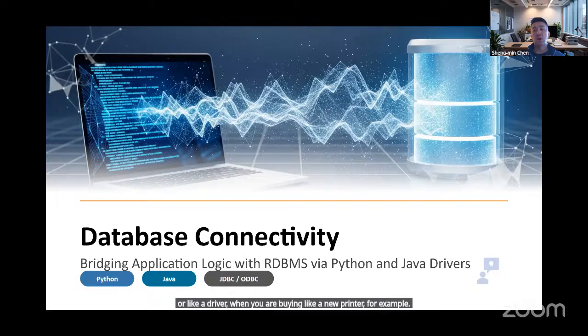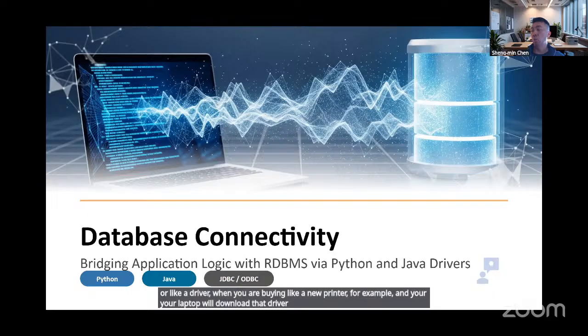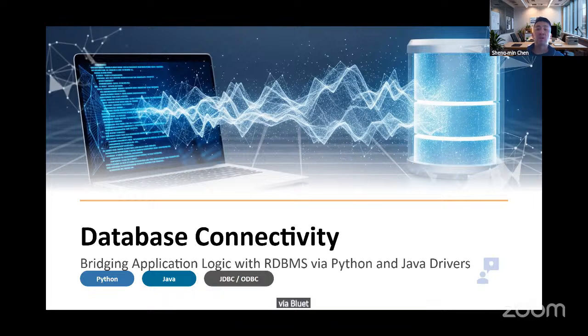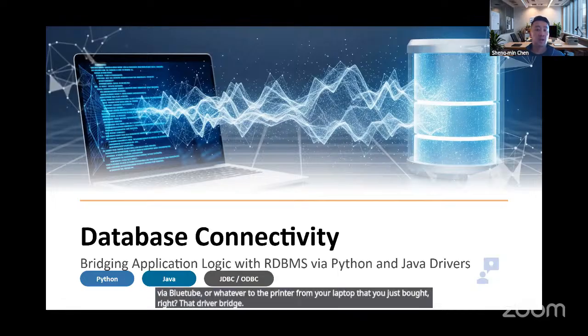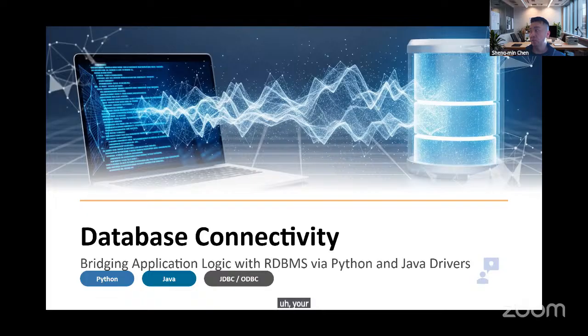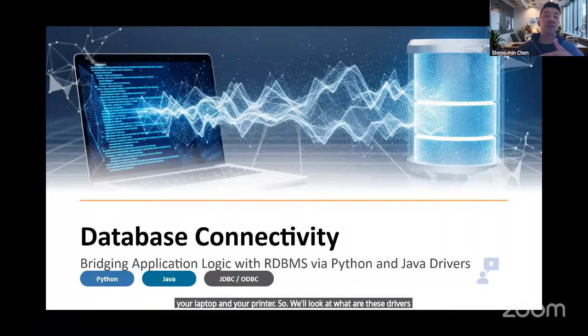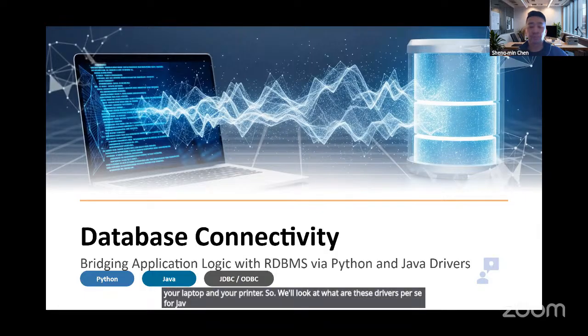Your laptop downloads that driver, and with that driver you will be able to, let's say, print via Bluetooth to the printer from your laptop that you just bought. That driver bridges your laptop and your printer. So we'll look at what these drivers are for Java and Python.